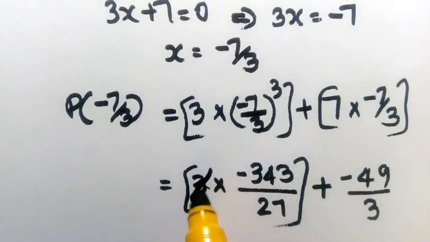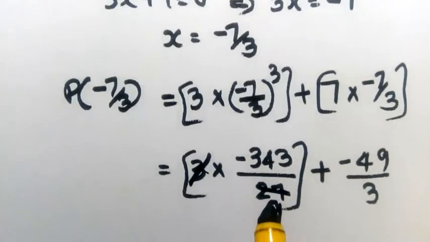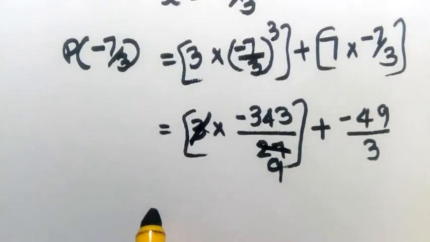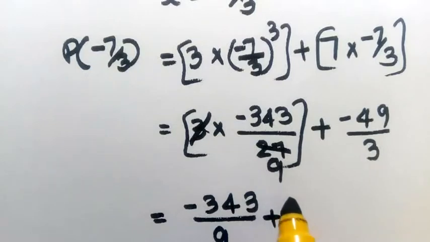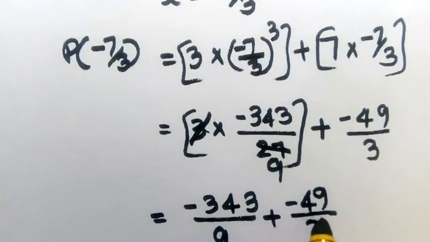So 3 and 27 will cancel. 9 3s are 27. So the next step is minus 343 by 9 plus minus 49 by 3.